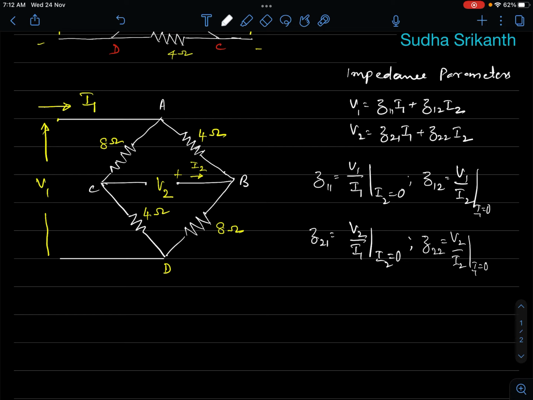This network can be reduced to a network of this nature now.